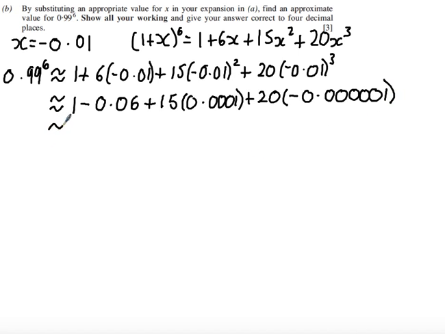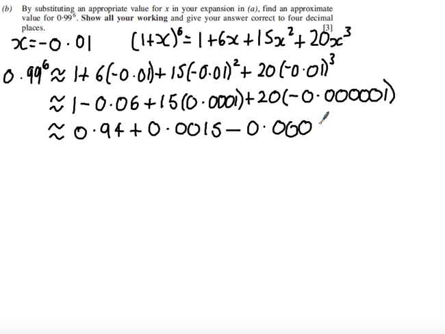Okay, so we're almost there. I could do that subtraction at the beginning, so 0.94 plus 0.0015, and then 20 times this gives us minus 0.00002.